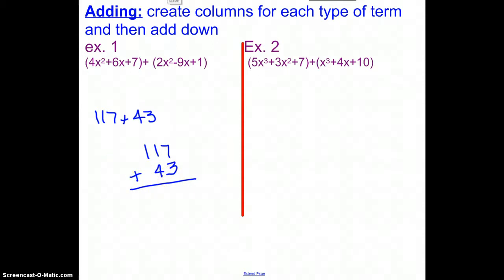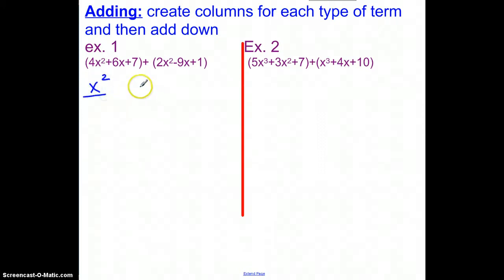We are actually going to use the same kind of idea in this one, except we're going to do this with our variables. So if I look at this list, the highest exponent I have is x squared. Now that means if I went in standard form, the next thing would be x, and the next thing would be a number. So what I'm doing is I'm really just making columns.